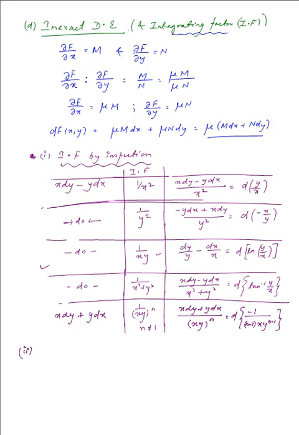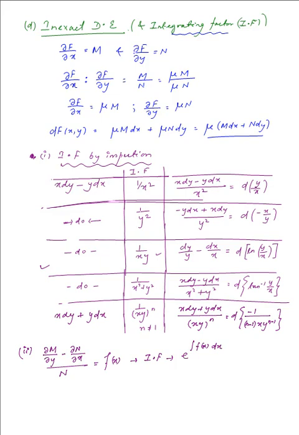Now, if M dx plus N dy is chosen such that del M by del y minus del N by del x, entirely divided by N which is multiplied to dy, is equal to a function of x, then we have the integrating factor in this case to be equal to e to the power integration of f of x dx.